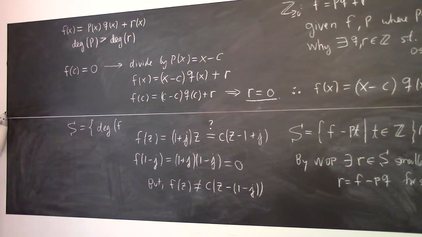So I need a minus ZJ, plus 2J. Oh, I need a 2. So what is this? Plus 2J squared.